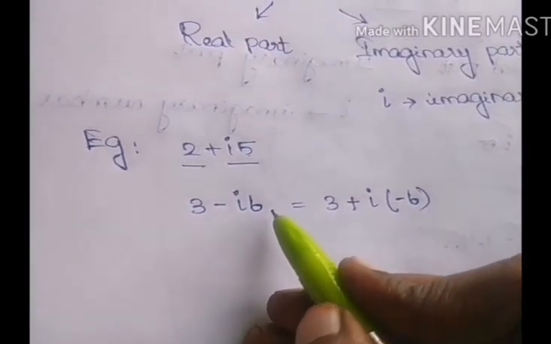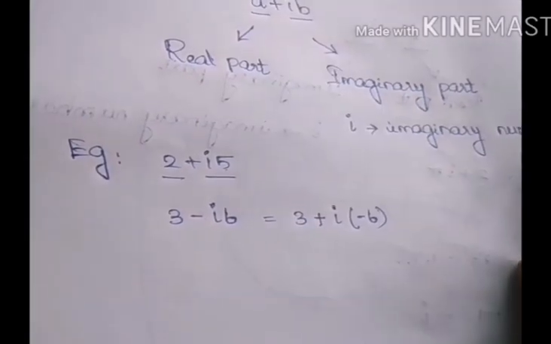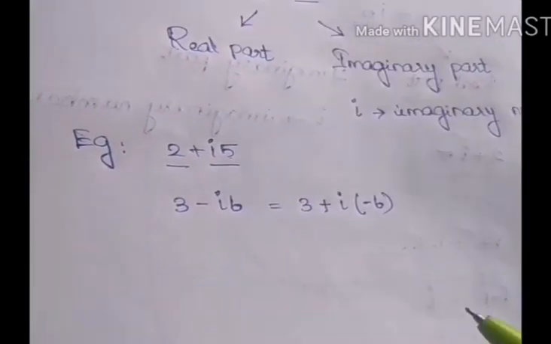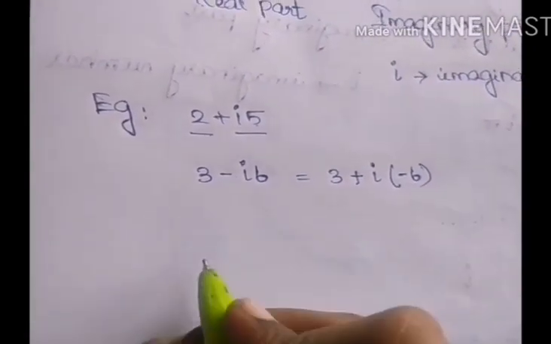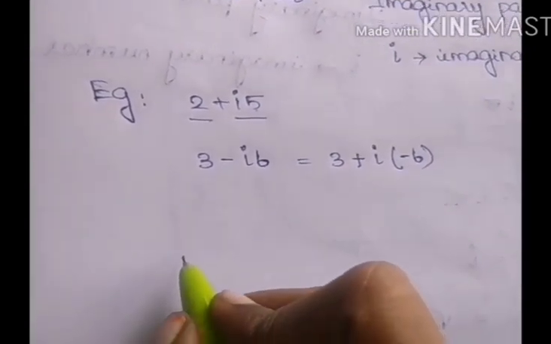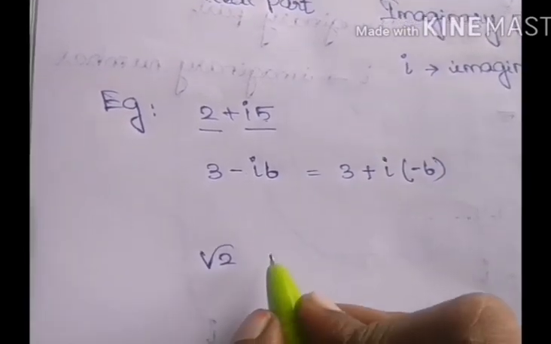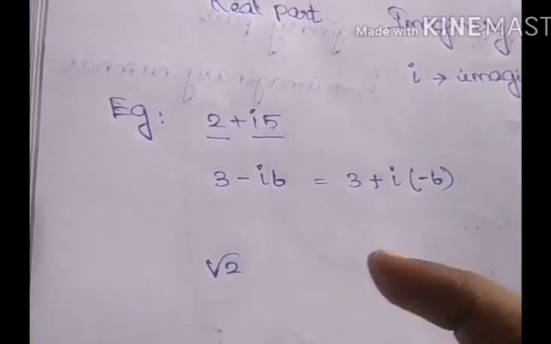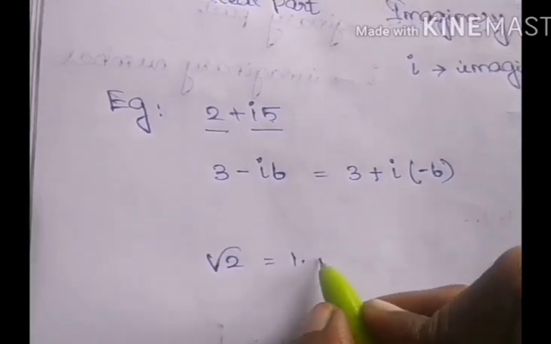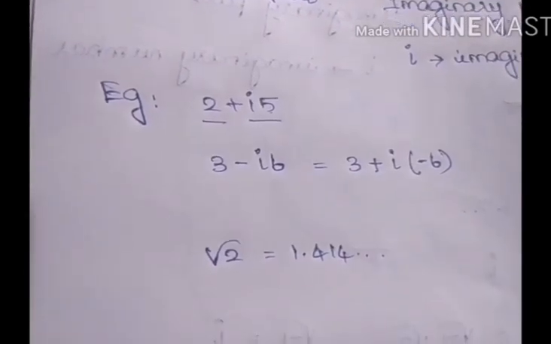Okay. Now coming to i, I told you i is the imaginary number. How can we say it as i? Where does it come from? As we have seen positive square roots in irrational numbers, this is an irrational number. I told you already, the answer will be like 1.414 something.